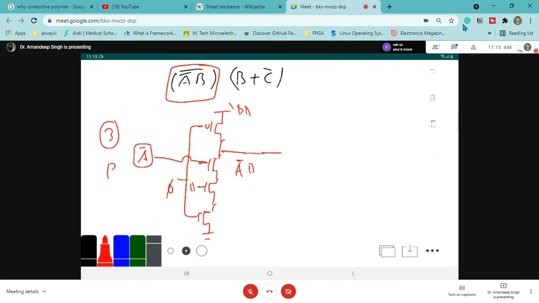So if this gets multiplied with this one, okay, this one, and this is PMOS logic, where this is A B bar, and here it is B, and this is C bar.